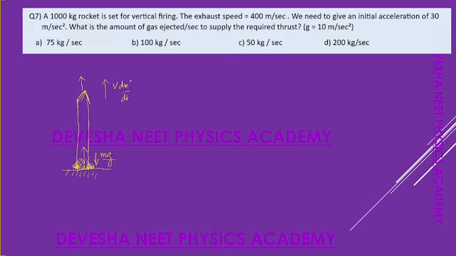That was question 6. In question 7, it is given that there is an additional acceleration required, which is 30 meters per second square. So we need to give it the additional 30 meters per second square. Now let's look at this.